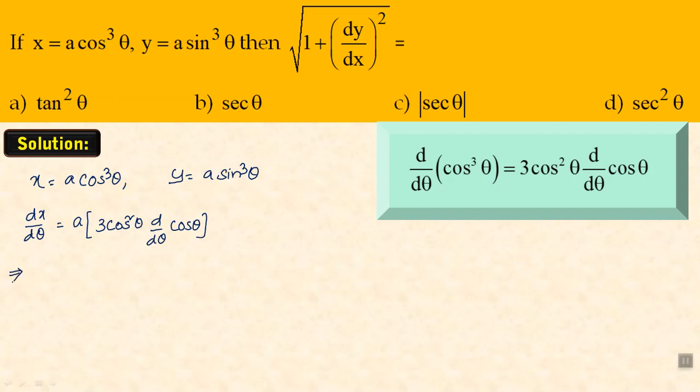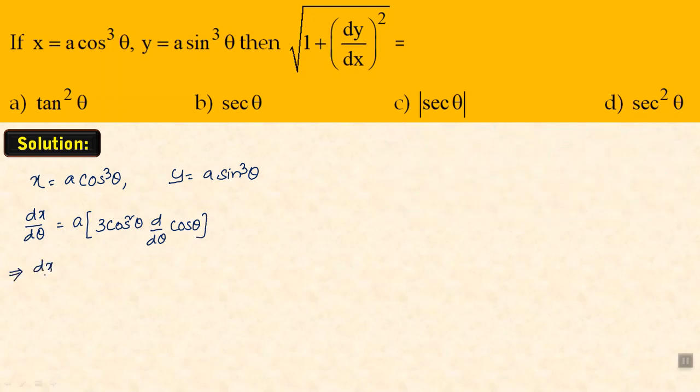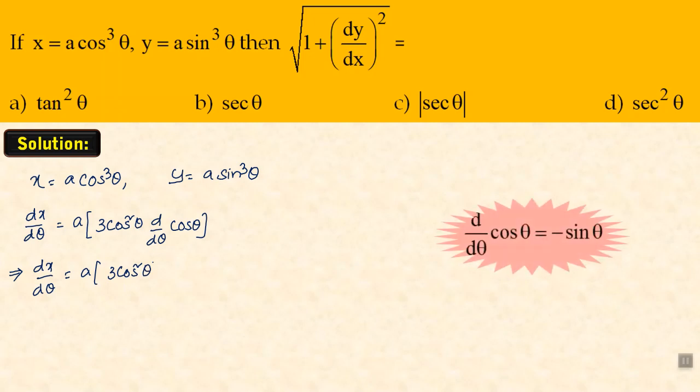This implies dx by d theta is equal to a into 3 cos square theta into d by d theta of cos theta, which is minus sin theta. This implies dx by d theta is equal to minus 3a into cos square theta into sin theta.